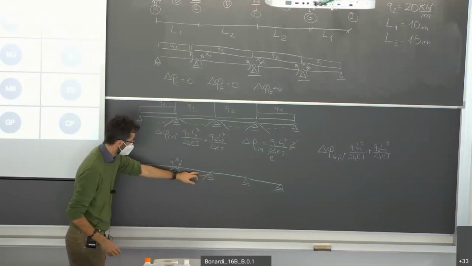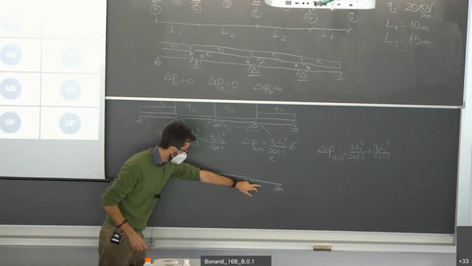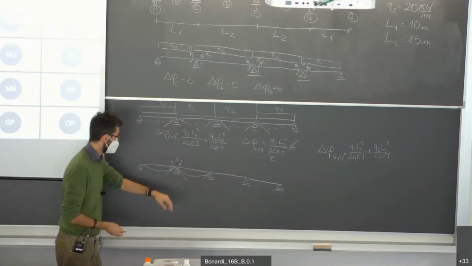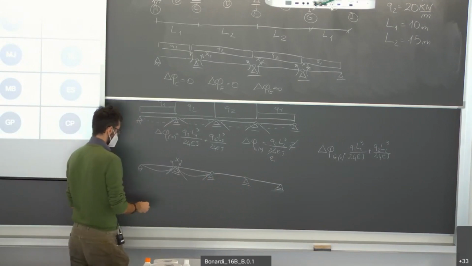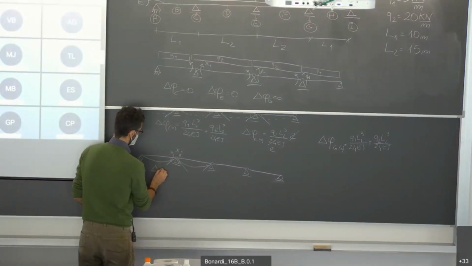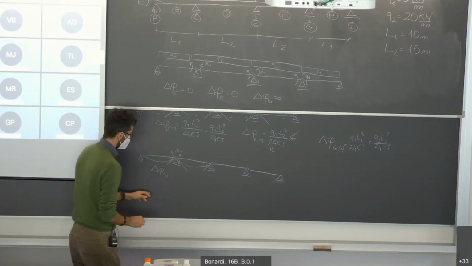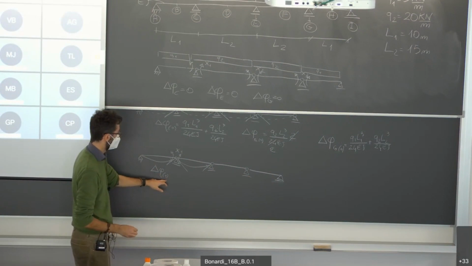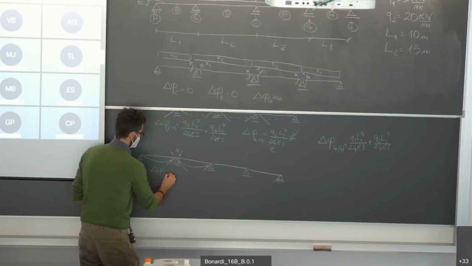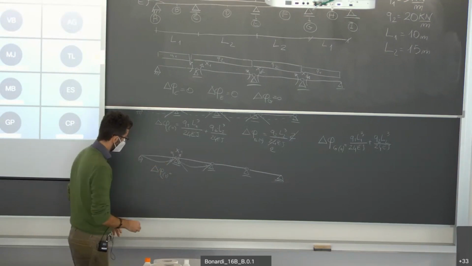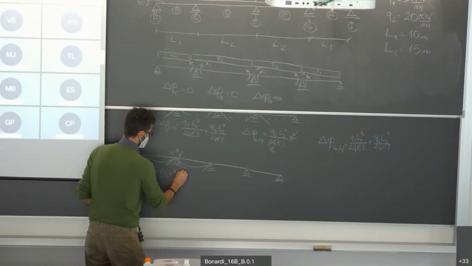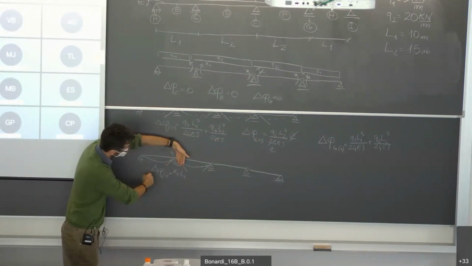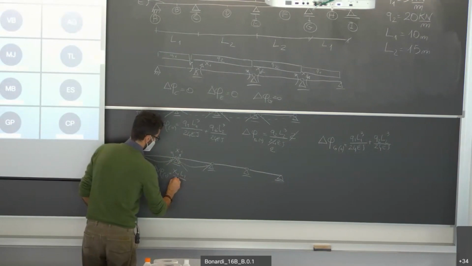Then we will also have a rotation in the node C, but we have no rotation in the neighboring beams, because here we have possibility to rotate. So that's easier, because we only have delta phi in C for the load x1 equal to x1 times L1, that is this rotation, over 3 iota.